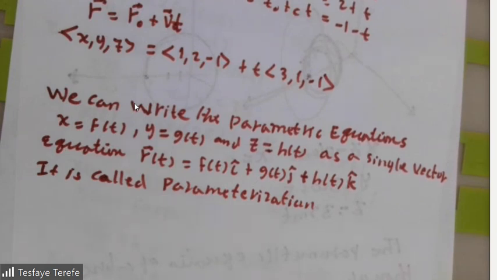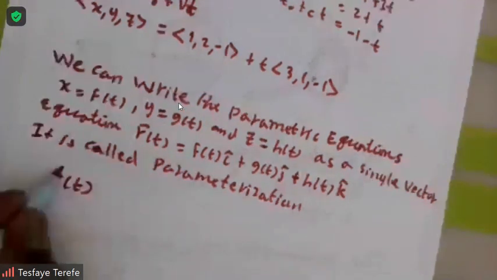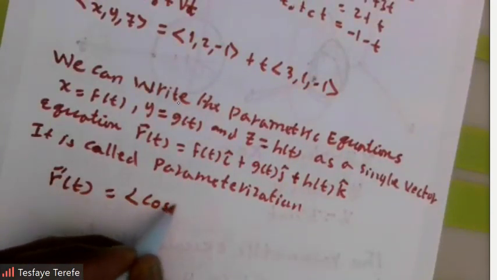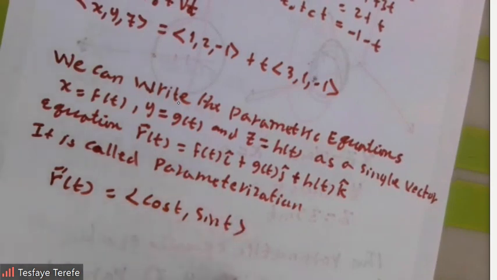And that is really what we need. So the circular motion in a plane, x is equal to cosine of t, y is equal to sine of t, can be written, for example, as a circular motion. This is a parameterization of a circle, or for that matter, a helix.